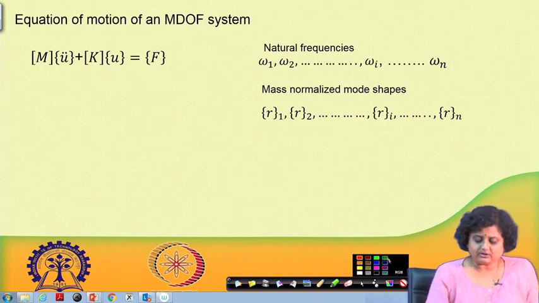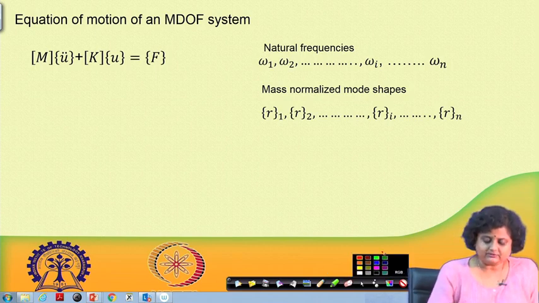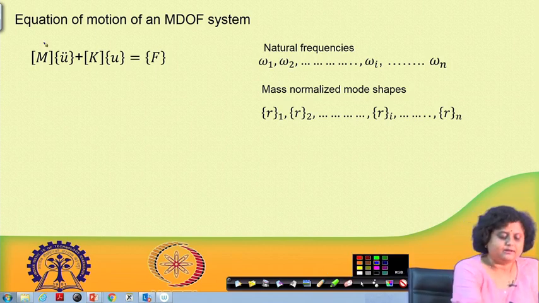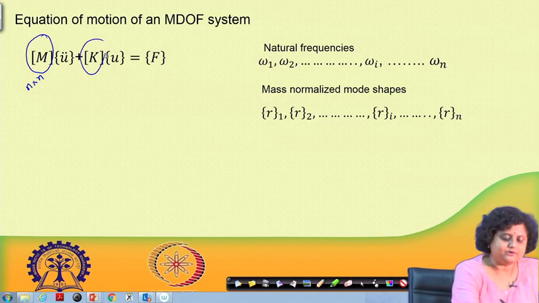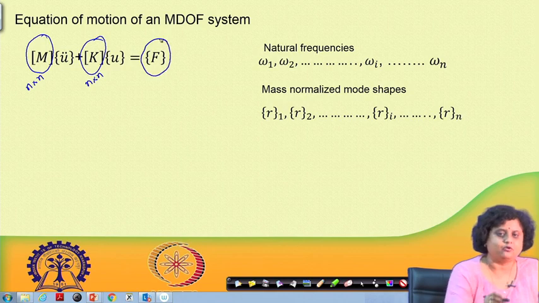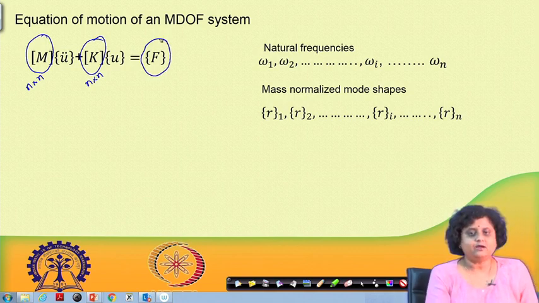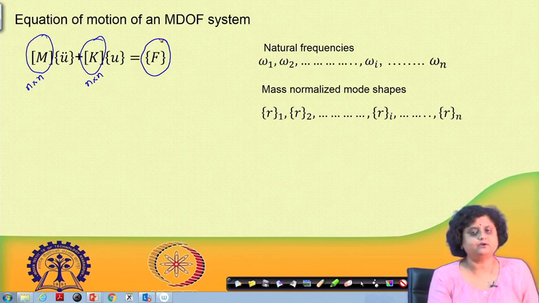So, I have this equation of motion, which has the M matrix, the mass matrix, which is n cross n, and then I have my stiffness matrix, which is again n cross n, and this is the externally applied force. All this while when we were talking about multi-degree of freedom system, our right hand side was 0.